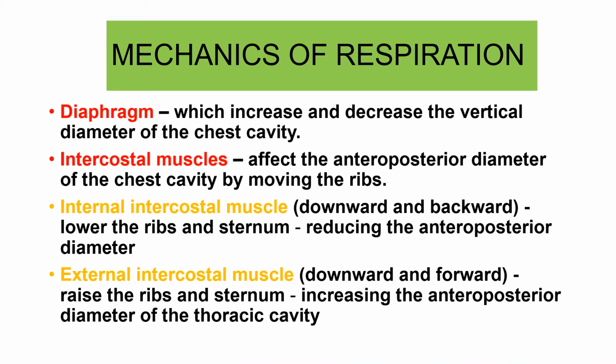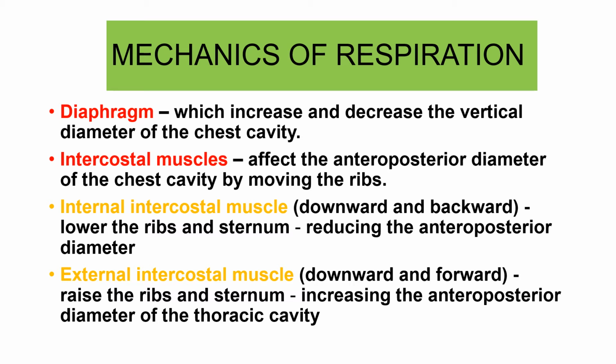Mechanics of respiration. Four major muscles are involved in respiration, that is the diaphragm and the intercostal muscles. The intercostal muscles are basically the internal intercostal and the external intercostal. The diaphragm increases and decreases the vertical diameter of the chest cavity, while intercostal muscles affect the anterior posterior diameter of the chest cavity by moving the ribs.